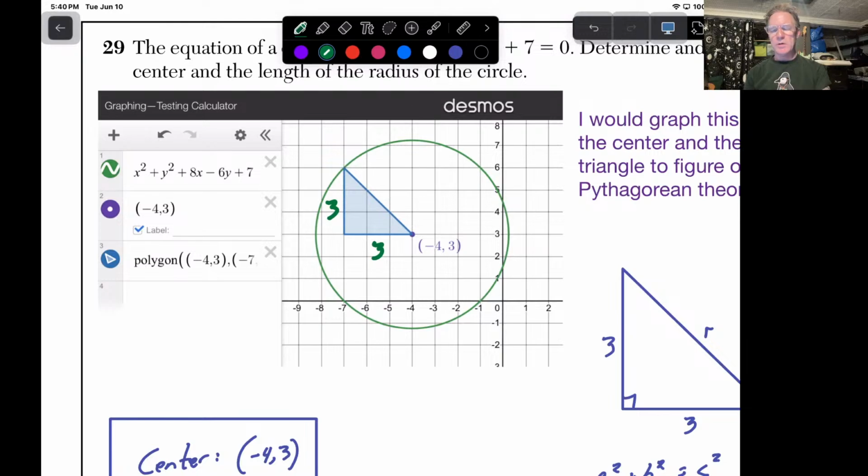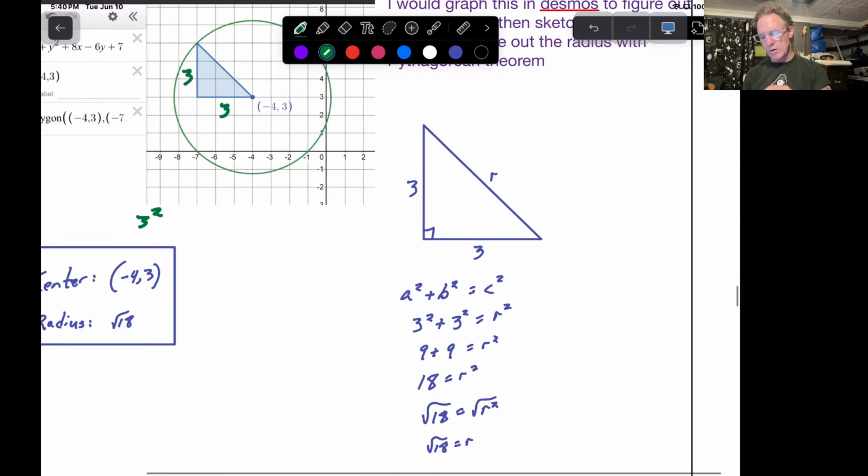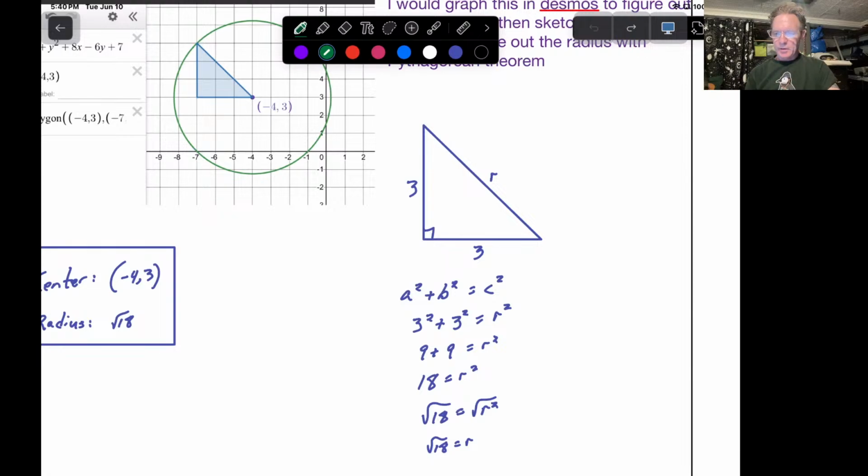I would graph it in Desmos, maybe make a little sketch so you can show your work, and then show how you figured out the radius using the Pythagorean theorem, because it's 3 squared plus 3 squared. Sketch the triangle like I did here. That's what I would do if you didn't remember how to do the algebra. So anyway, there you go, circle equation.